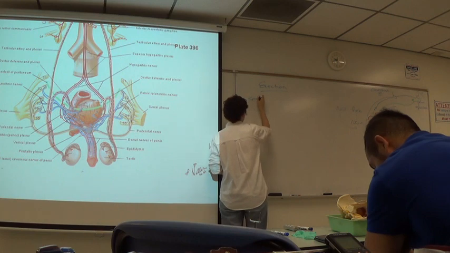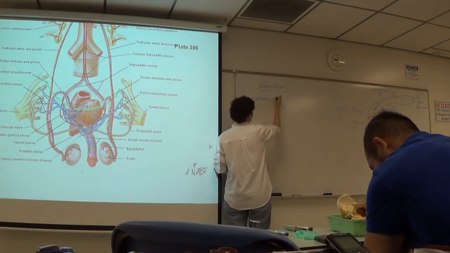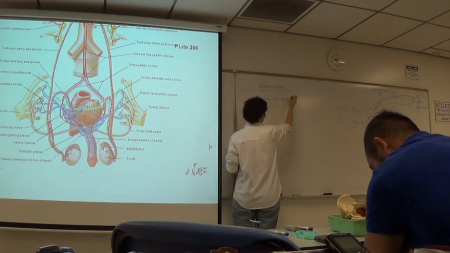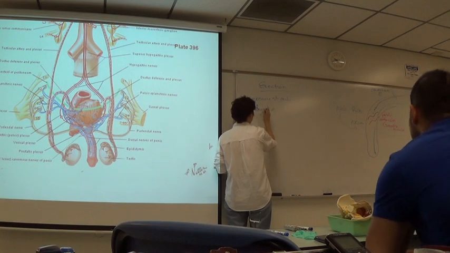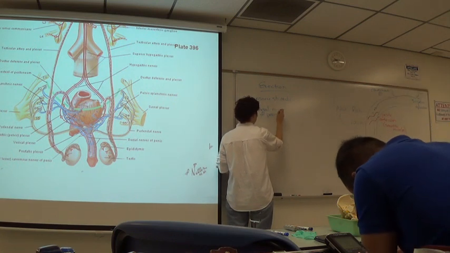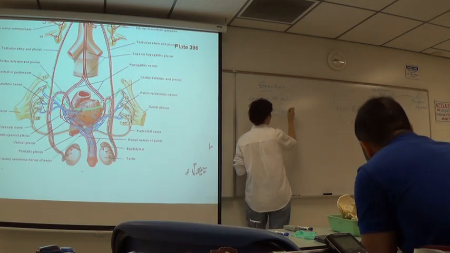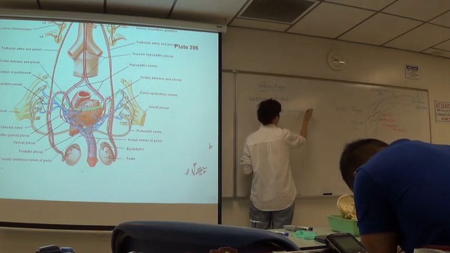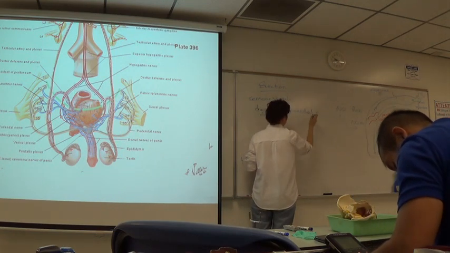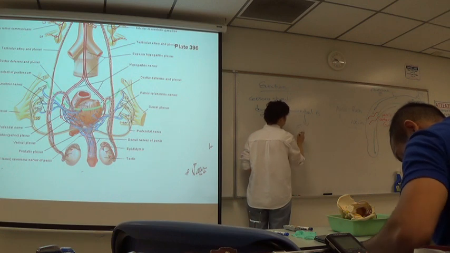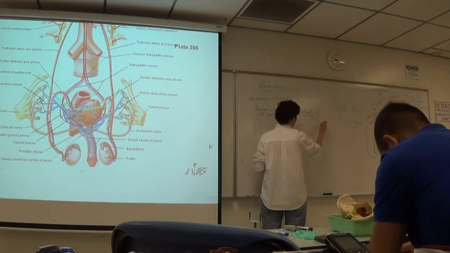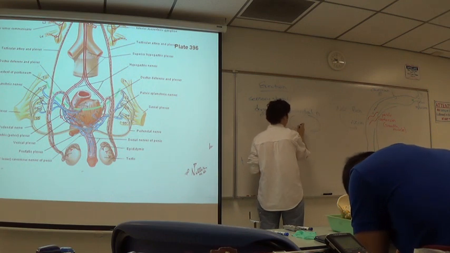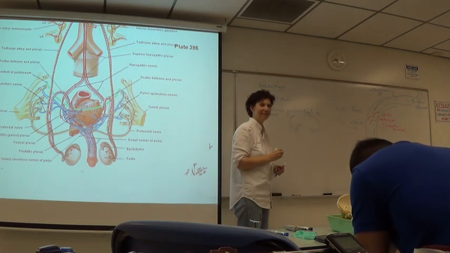So sensory response: sensory stimuli are carried by the dorsal nerve of the penis, which becomes part of the pudendal nerve. That carries it to the spinal cord. All right, so it's going to come in the dorsal roots of the spinal cord.